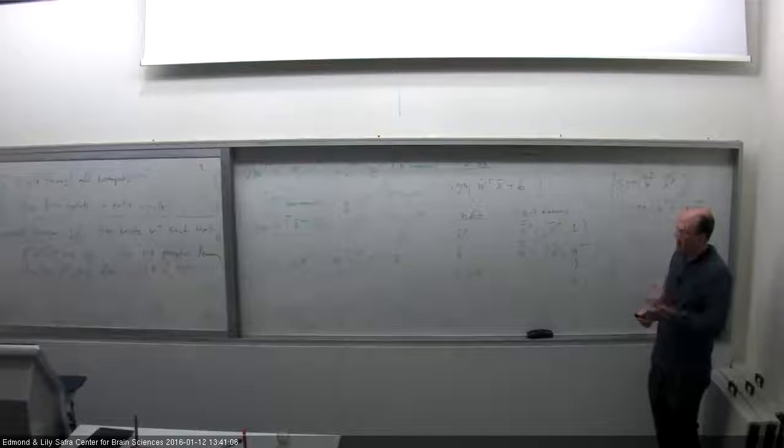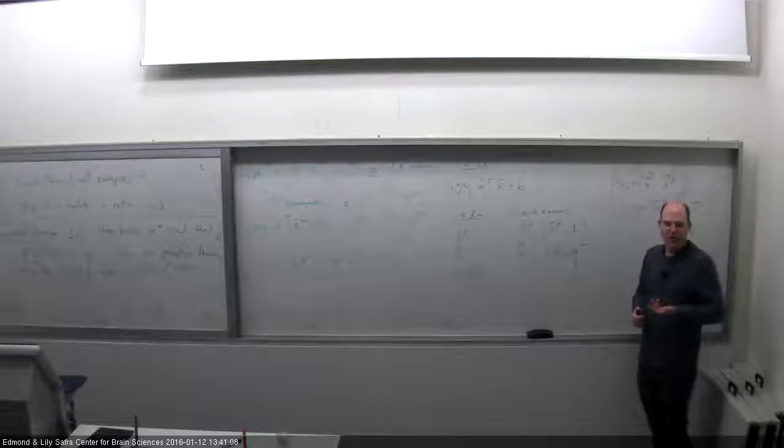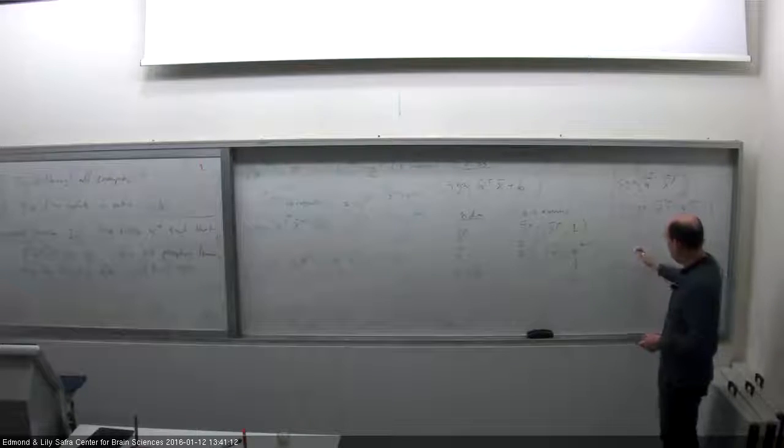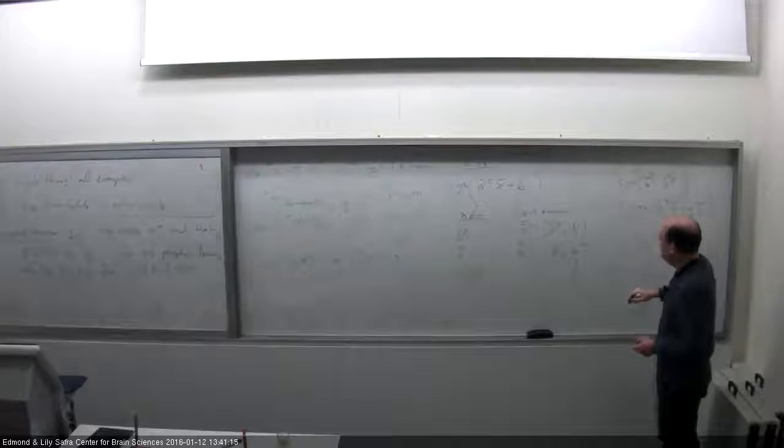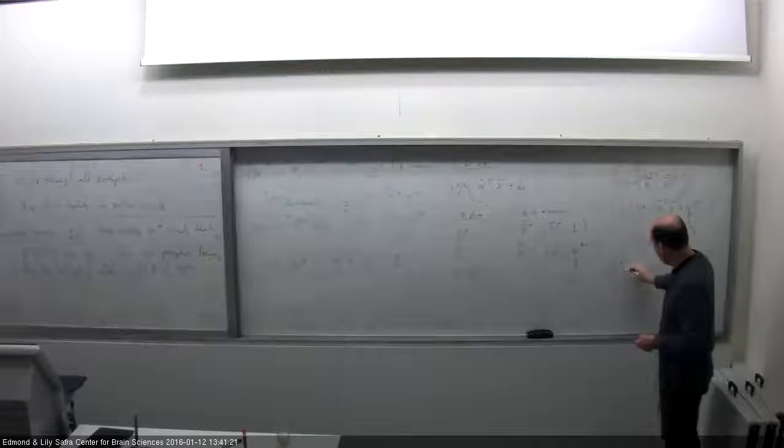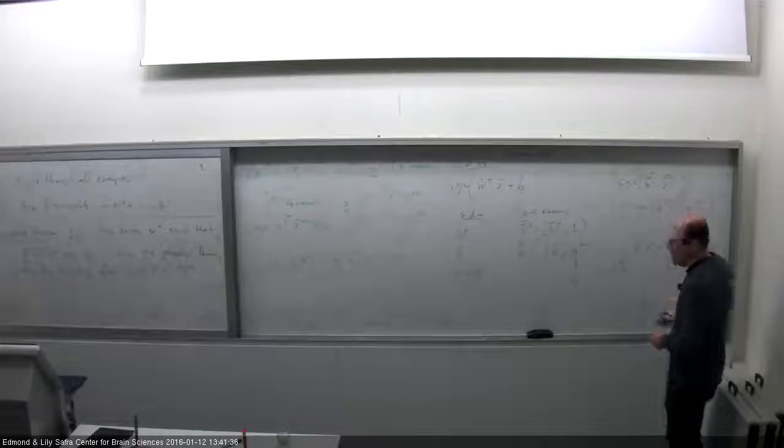And therefore, we can immediately use what we know about the capacity of the regular perceptron without a bias, and say that the capacity of the perceptron with bias, for n dimensions and p examples, is equal to the capacity without bias, which we know from Cover's theorem, for n plus 1 dimensions and p examples.